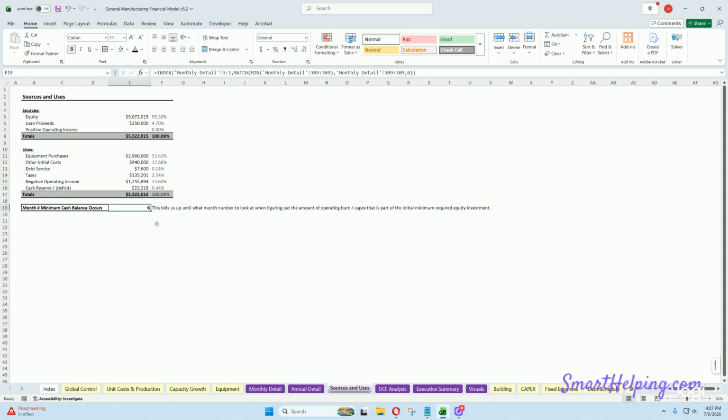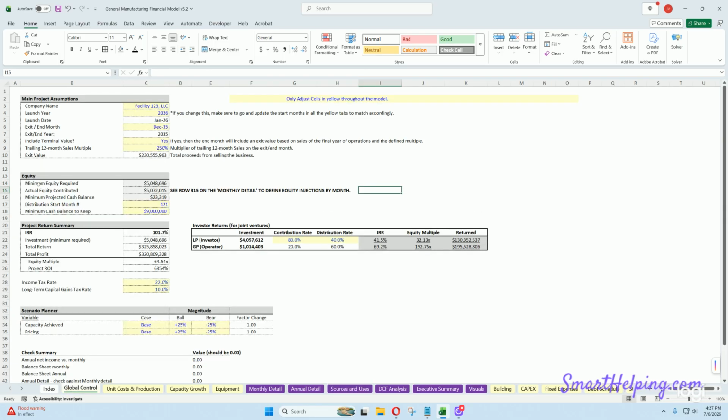This just means after month 6, you are producing positive cash flows and your minimum cash position never gets lower than this month. These sources of cash cover different things: equipment purchases, other initial costs, a little debt service, some taxes, negative operating income, so burn, and then we've got a little bit extra here.